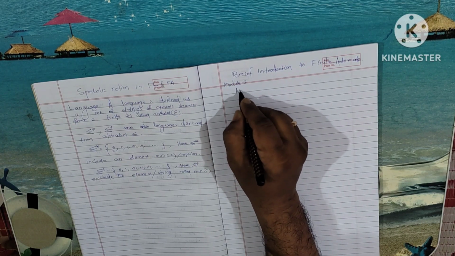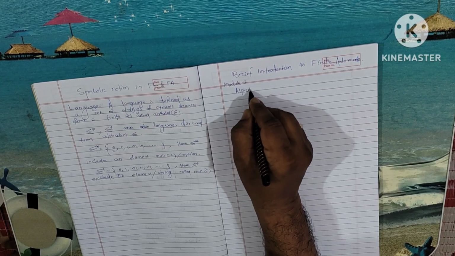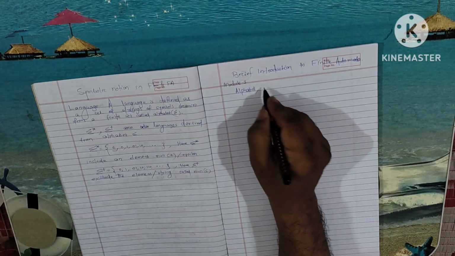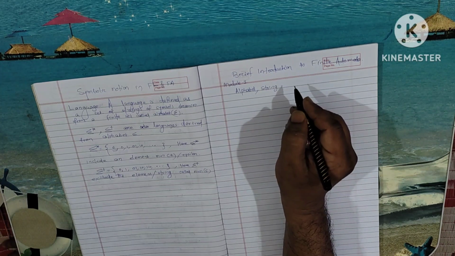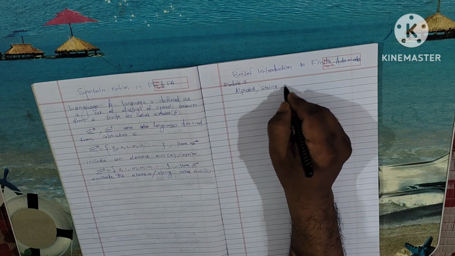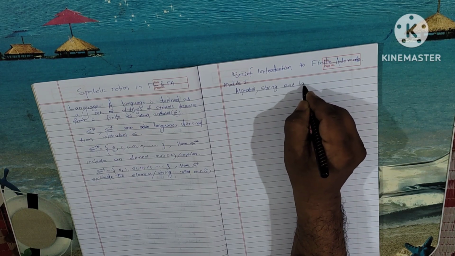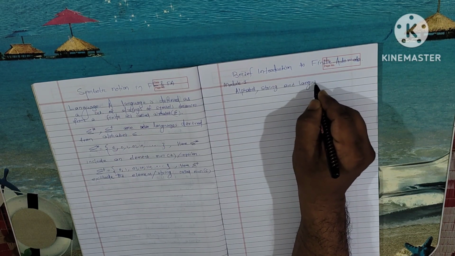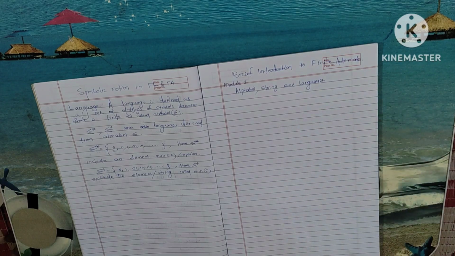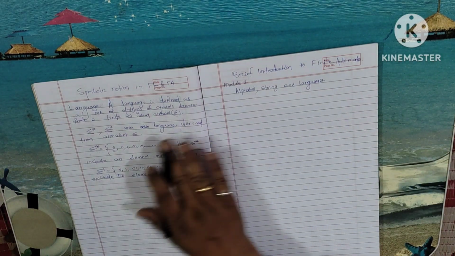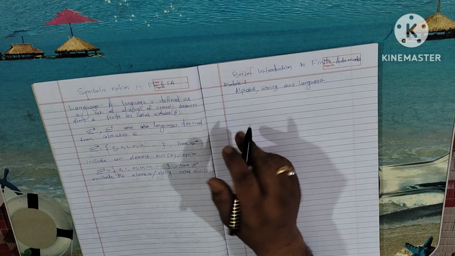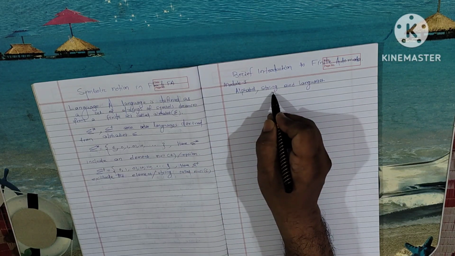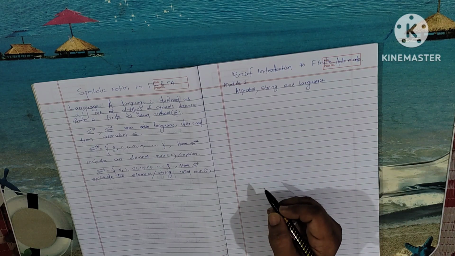It covers what is an alphabet, what is a string, and languages, which you call formal languages. This portion we have already discussed in my previous video. You can see the previous video to understand alphabet, string, and languages.